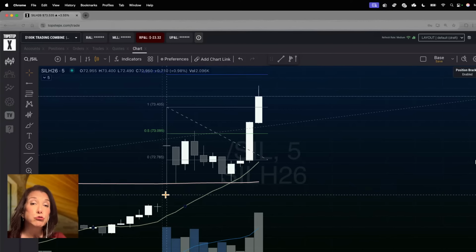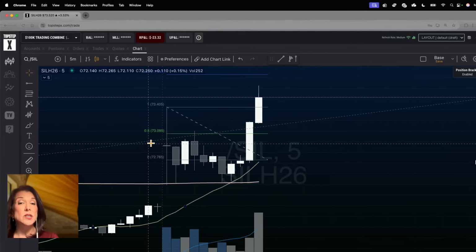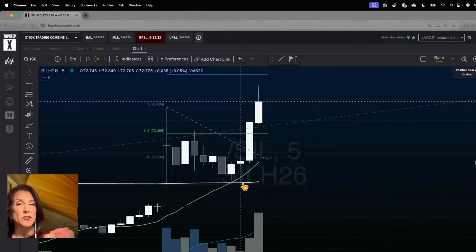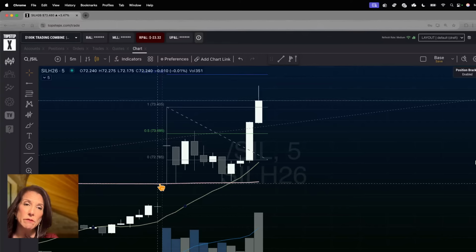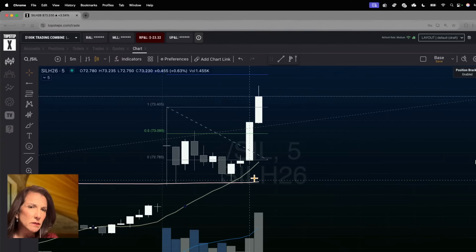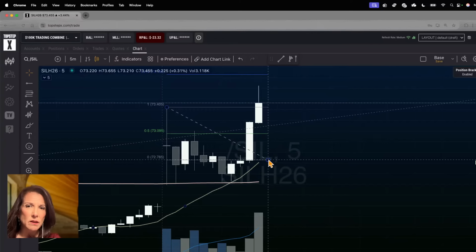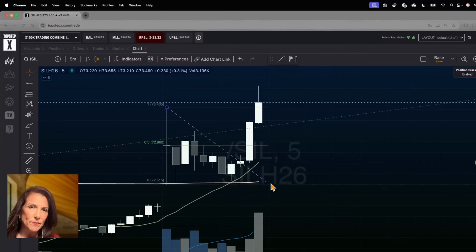So this is a great example of a breakout formation. It comes right into the moving average, comes right into the low of the candlestick, and then completely rotates up. That is absolutely a fantastic move.